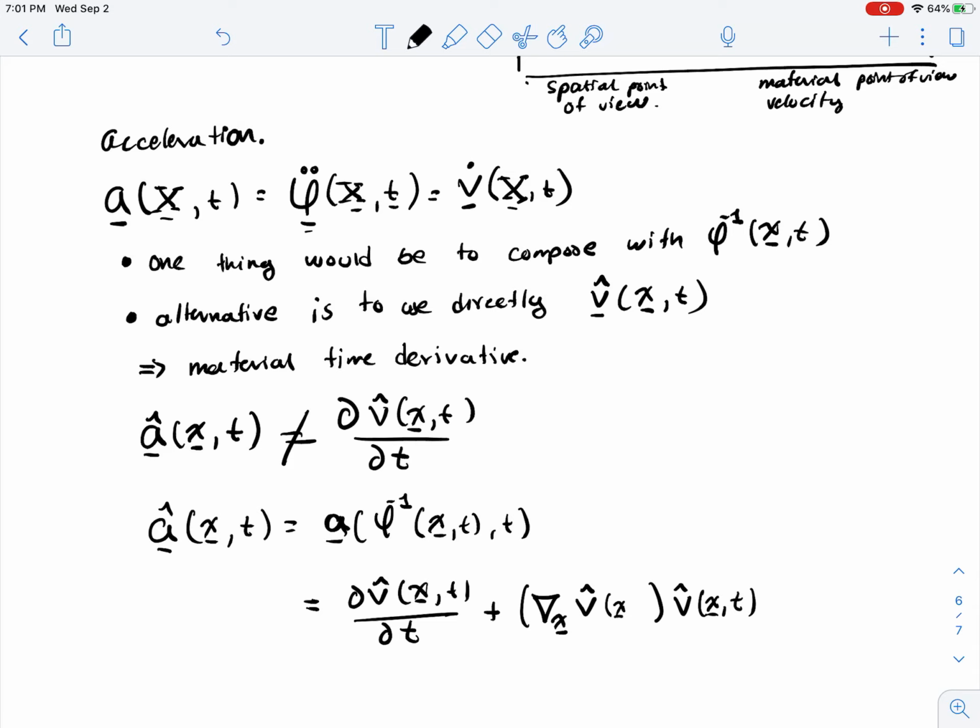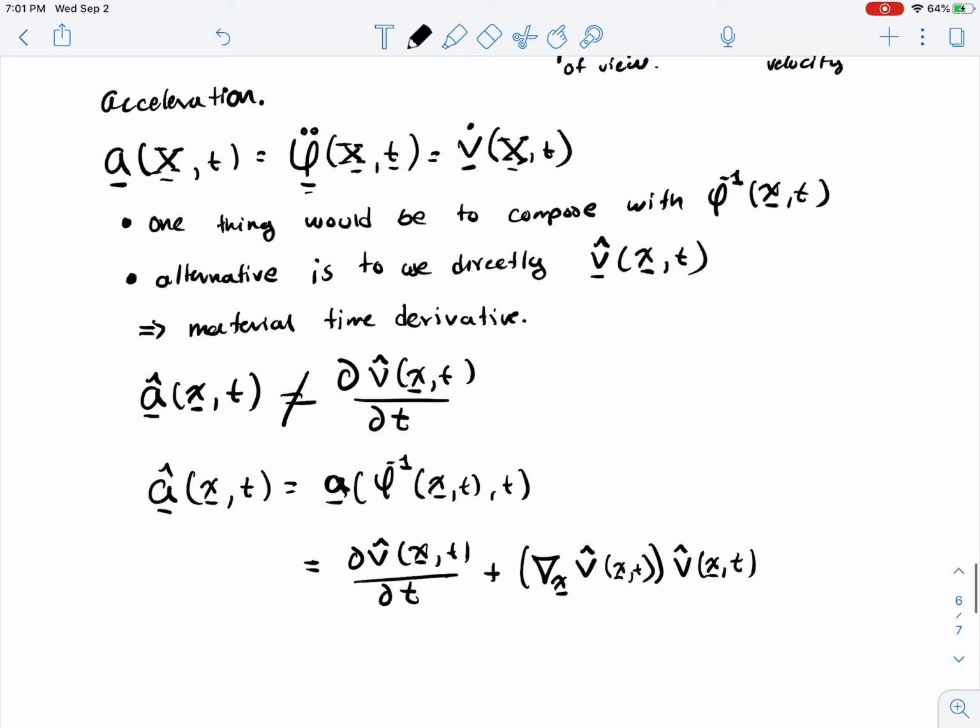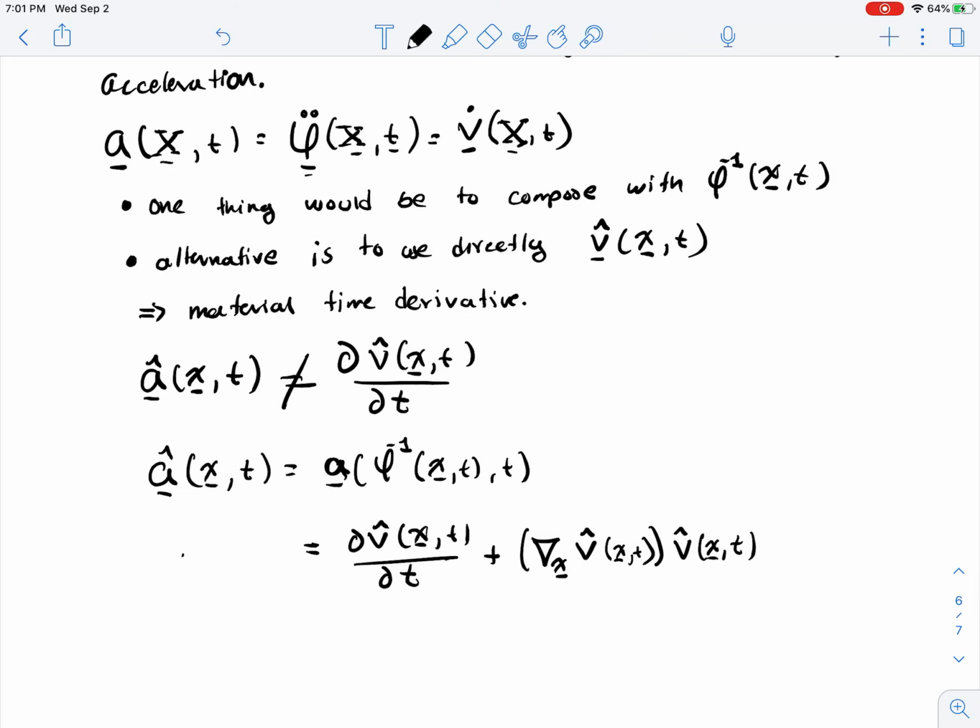And this comes from basically taking a derivative with respect to x hat and acknowledging that x hat changes. Right, so I'm using the chain rule here. So this is the other definition for the acceleration. If you want the acceleration in the deformed configuration, but you want to obtain it directly from the velocity in the deformed configuration, you have to do this. This is what is called the material time derivative.